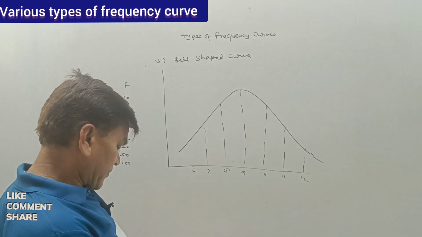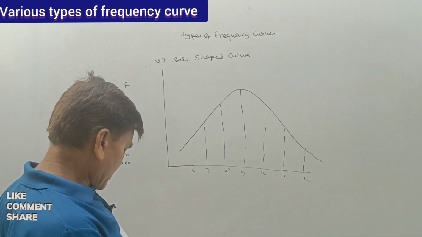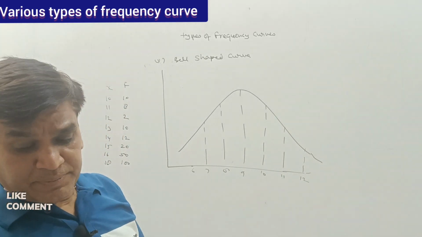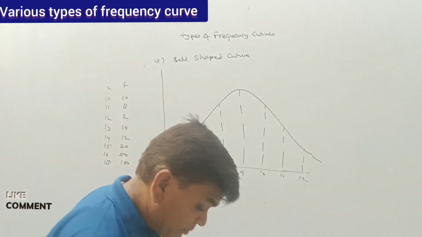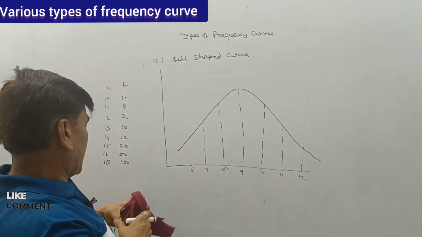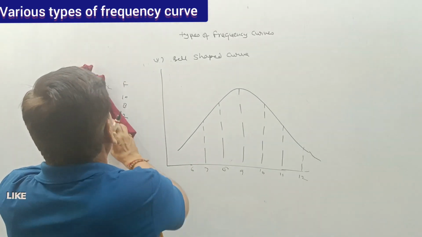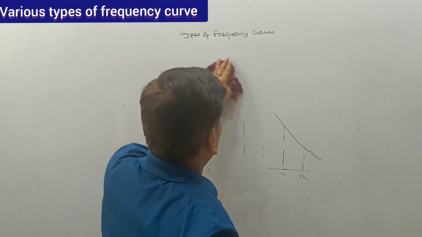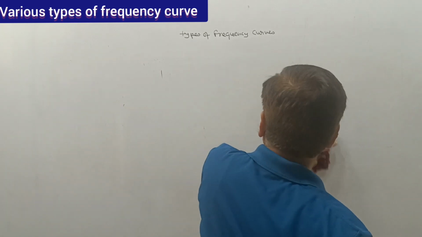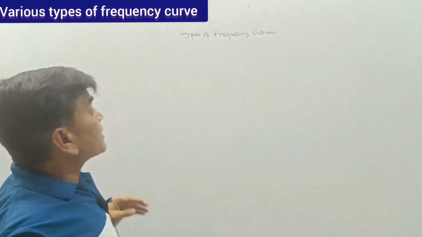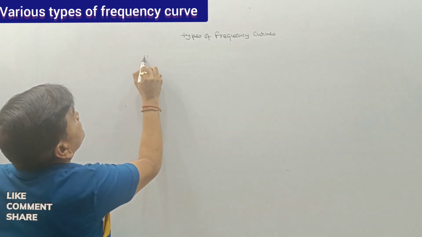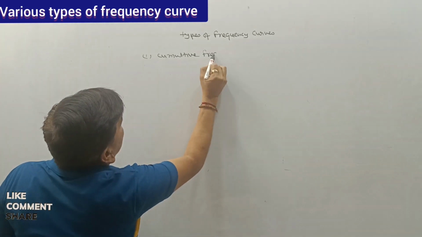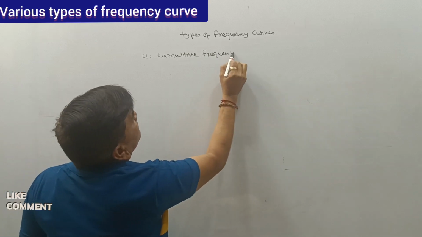One more type of frequency curve is the J-shaped. Next we should discuss the cumulative frequency curve. For calculating the median value, cumulative frequency is very important. So we have another frequency curve, called the cumulative frequency curve, and the Galton curve also we will discuss. Next one is the cumulative frequency curve.